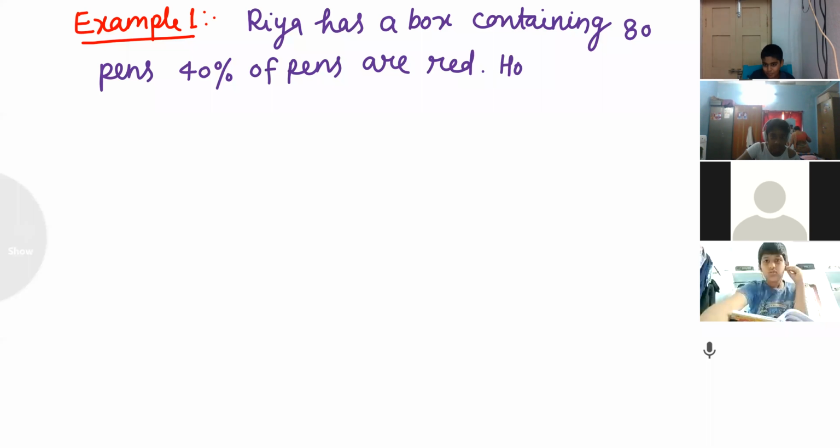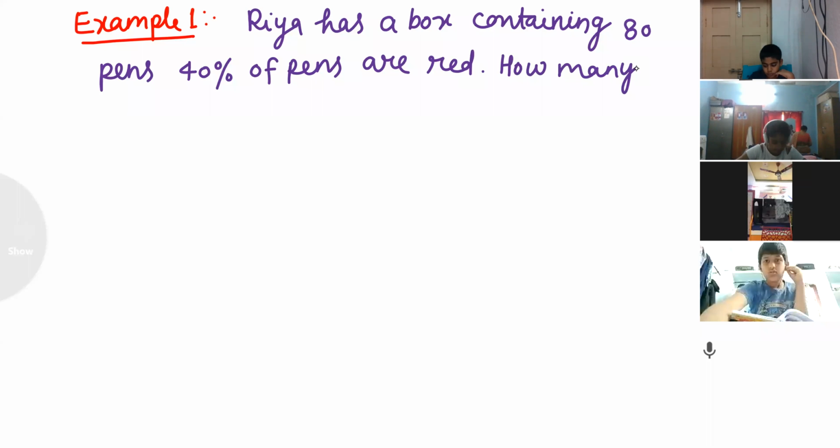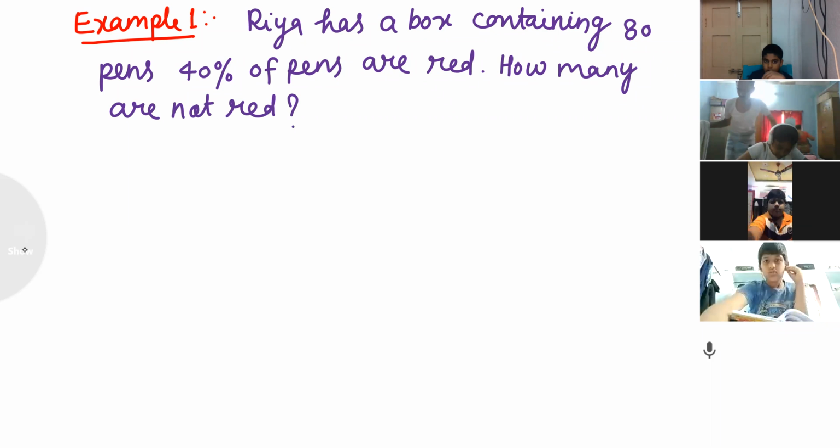How many are not red? Very interesting question.